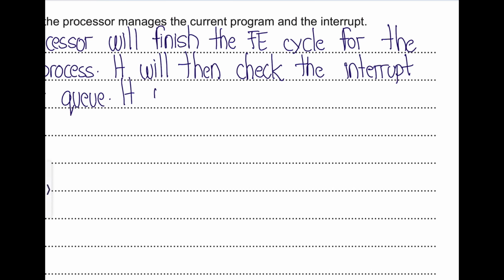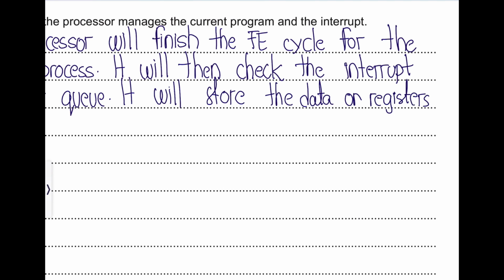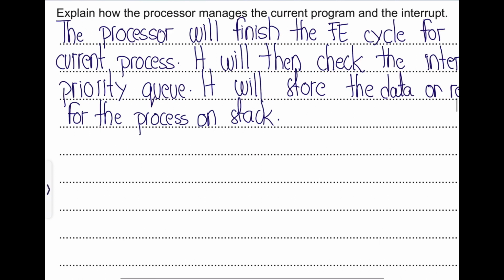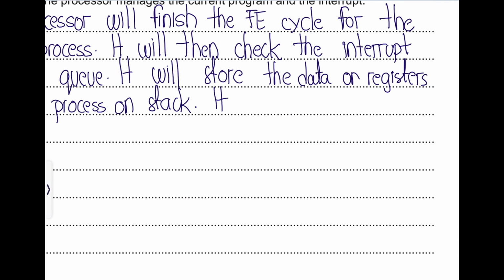It will then store the data on the registers for the process on a stack. Now this basically ensures that you can resume this process after you're finished resolving the interrupt. It then calls the ISR.